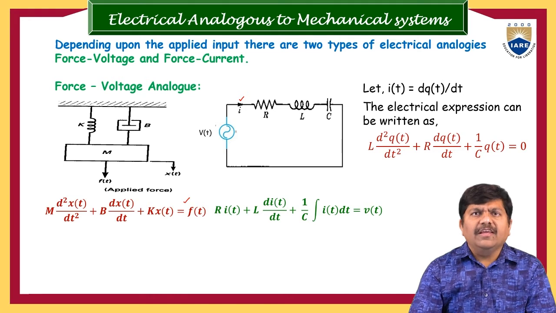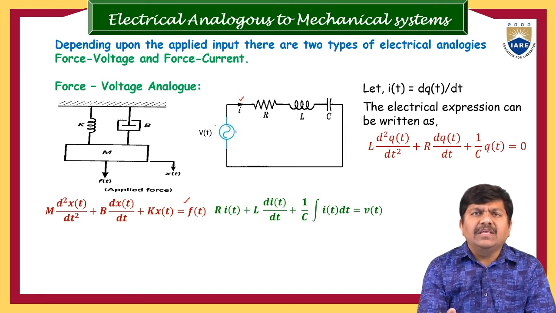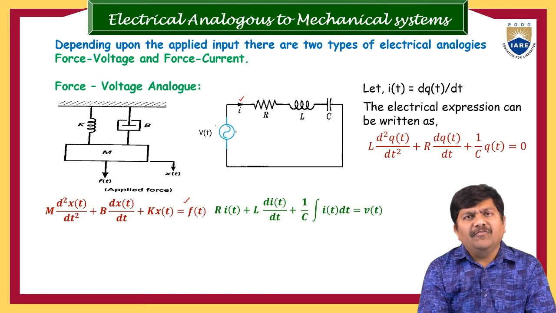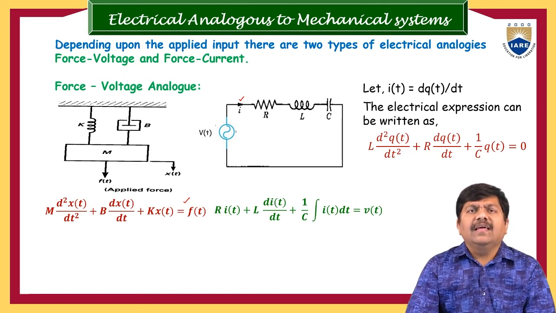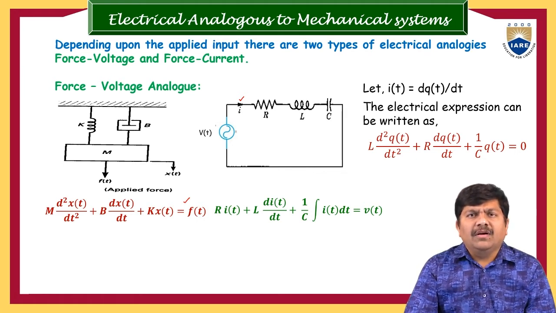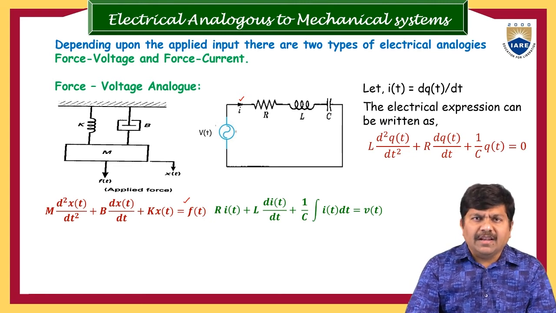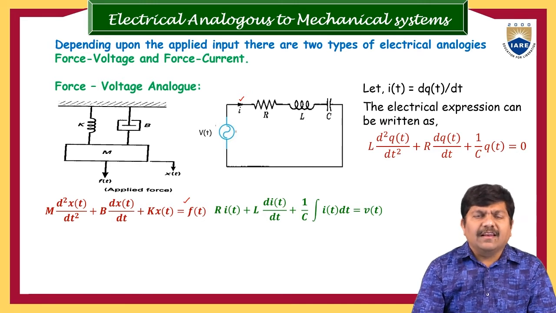First of all, if we could develop the mathematical equivalents of the two systems and they are comparable, then up to some extent we can develop the electrical analogies of the mechanical parameters. Now in this video session, I am making that attempt to develop the electrical analogies between mechanical and electrical systems.